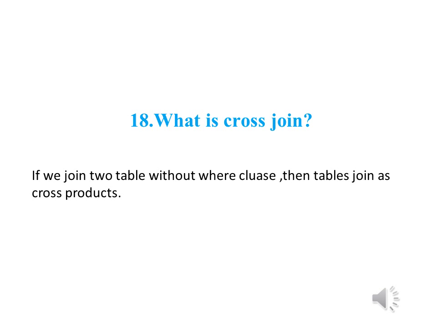What is cross join? If we join two tables without a where clause, then the tables join as a cross product. As we see, for joining we need some filter. We should know what data we exactly want. So if we want a good join, then we need a where clause.